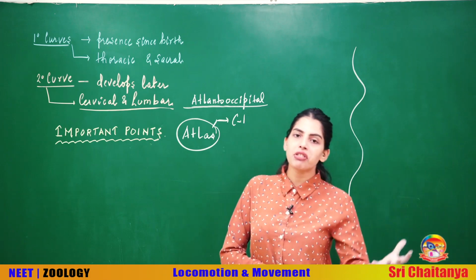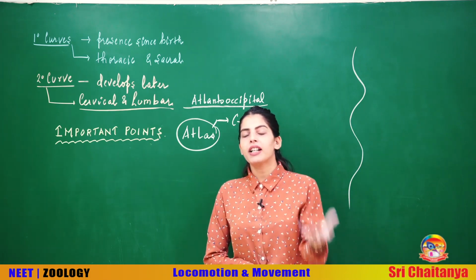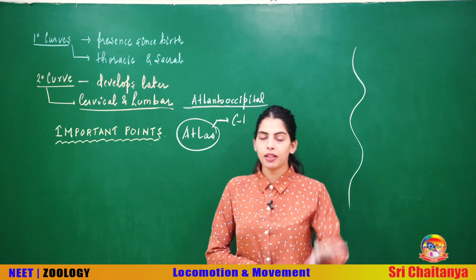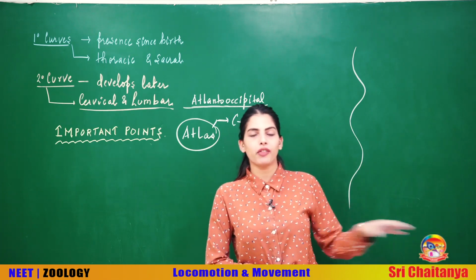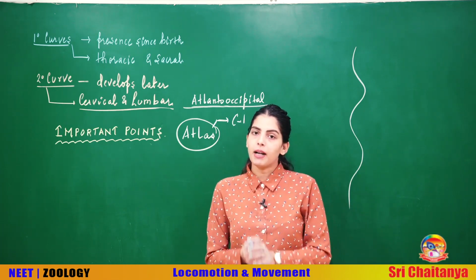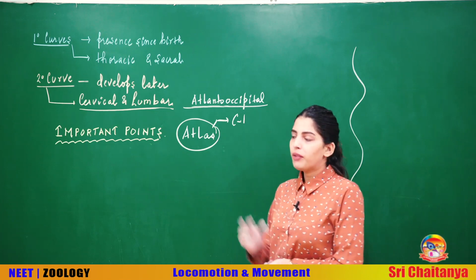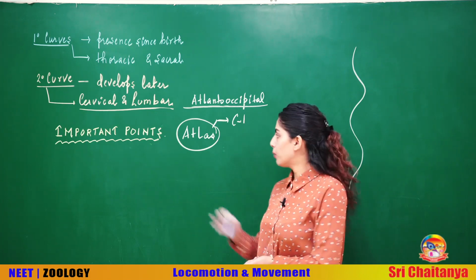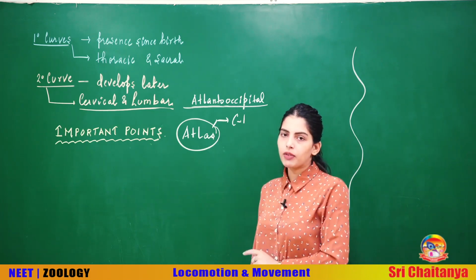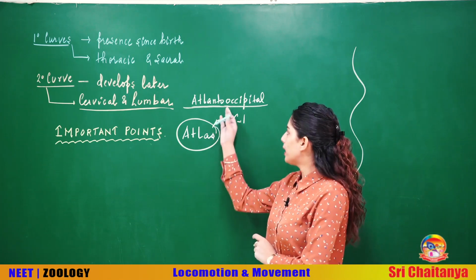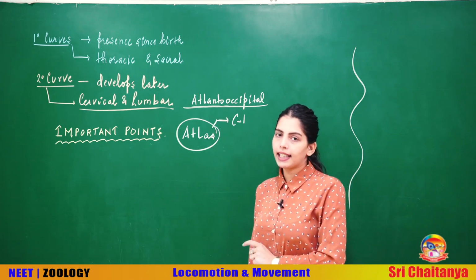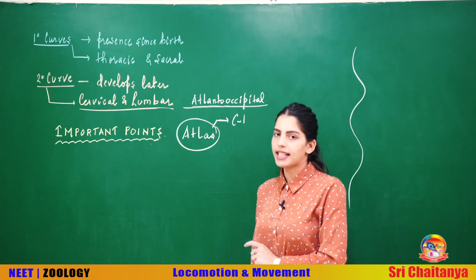If you have some additional structure, or some structures which are not present when compared to a typical vertebra, that's when it becomes atypical. Anyway, we are not talking about atypical and typical. We are saying that the atlas is the first cervical vertebrae, and it forms a joint with the occipital condyle called the atlanto-occipital joint, showing the yes movement.